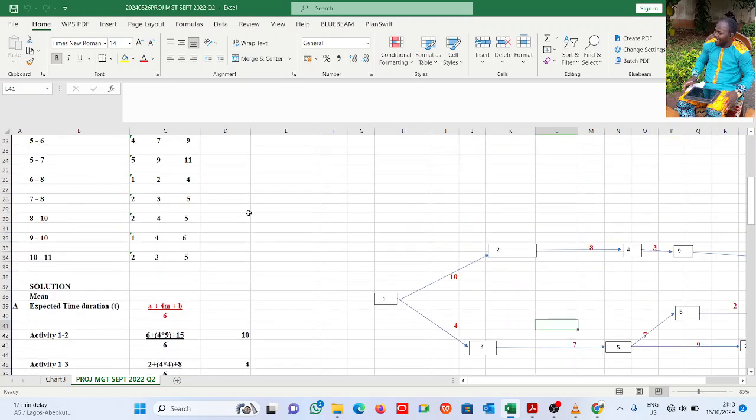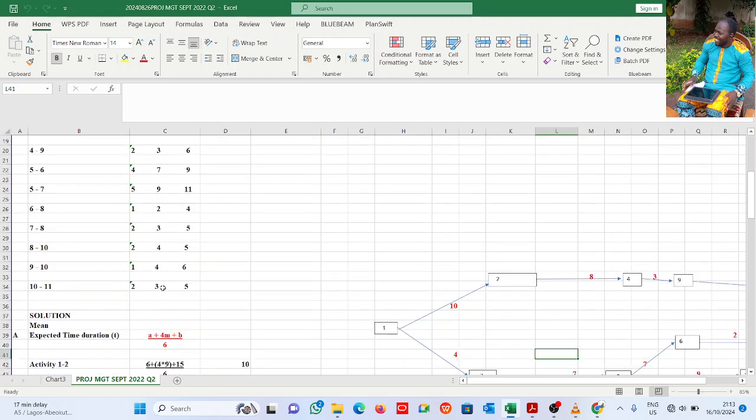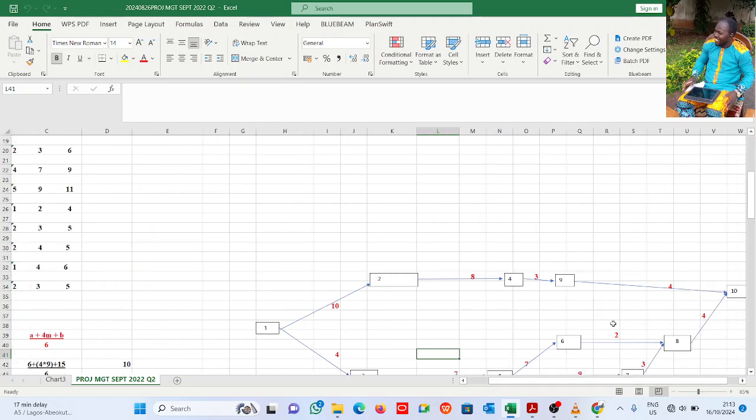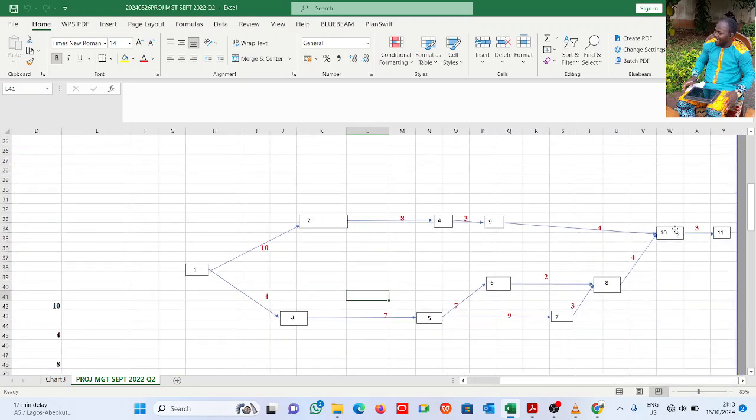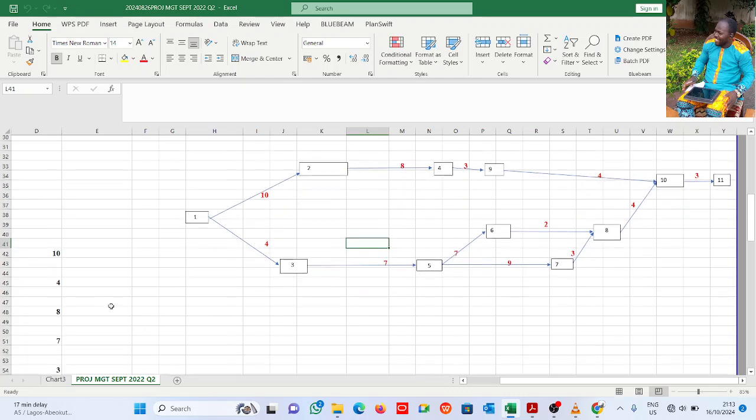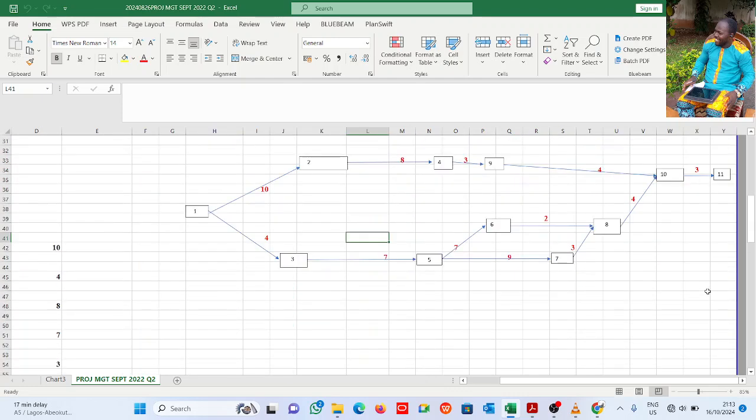Now let's go to the next one, because the question just said we should draw the network diagram. The next one is which activity? 8 to 10, then 9 to 10. Now you see, activity 10 is dependent on both 8 and 9. Now let's see how it plays out. Activity 10 is dependent on 9. Activity 10 is dependent on 8. Please, these are the durations here in red, right? These are their mean durations as calculated. You can also calculate yours too.